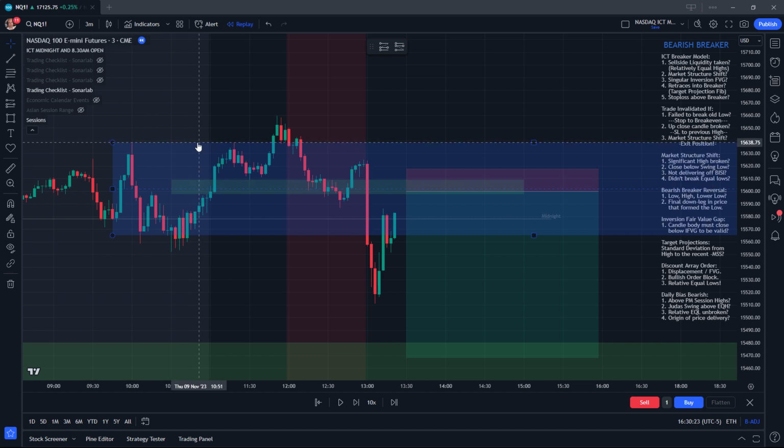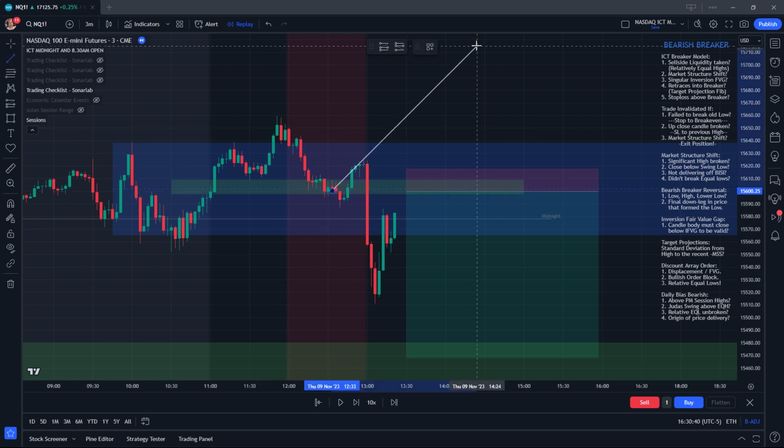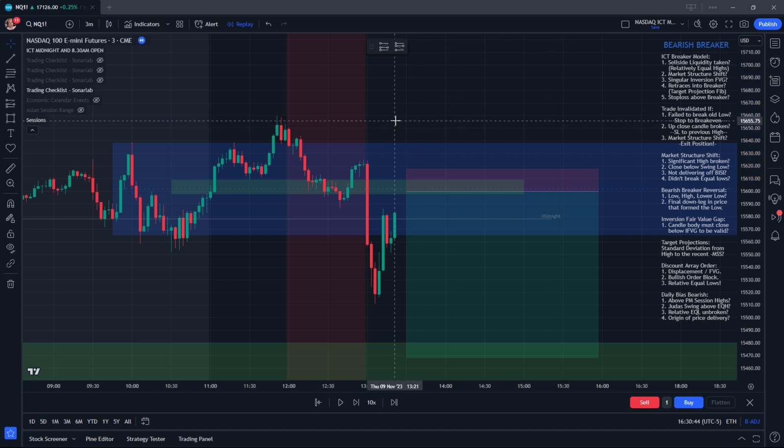Equal highs are a key giveaway that it's liquidity. Market structure shift here. Okay, so we have that. A singular inversion fair value gap. We had to go up to a 30-minute time frame to find that. Price has violated that gap, so if any hope we had of using that to go higher is gone.